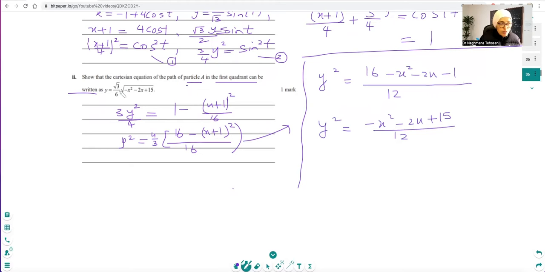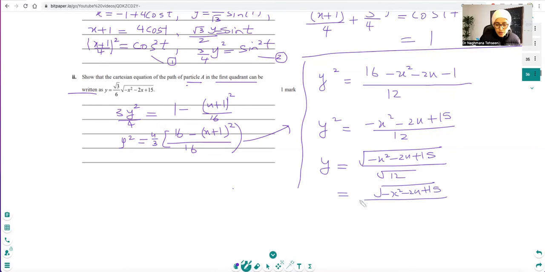Now we take the square root in the first quadrant, which gives negative x squared, negative 2x plus 15 over root of 12. The y has to be in the first quadrant, so it has to be positive, so we ignore the negative one. We can simplify that to 2 root 3, and then it seems like we need to rationalize that.